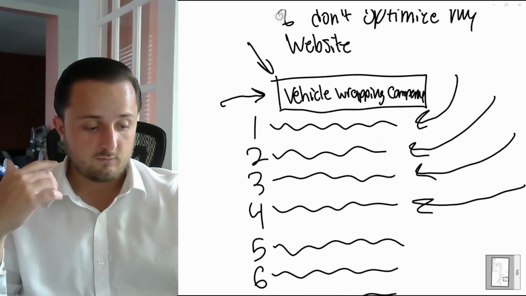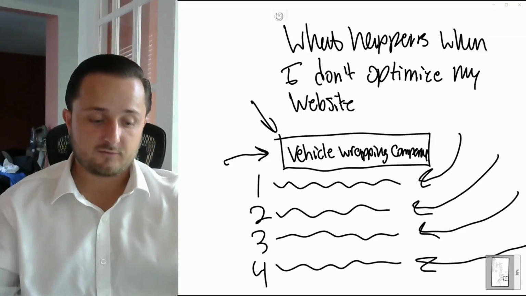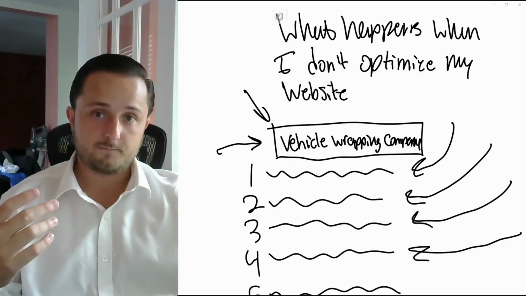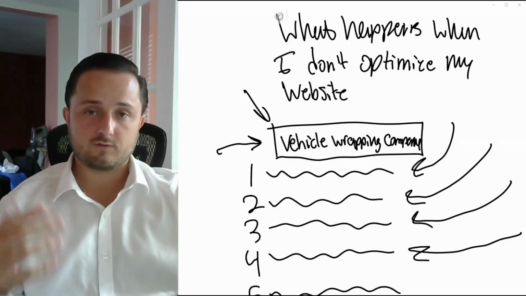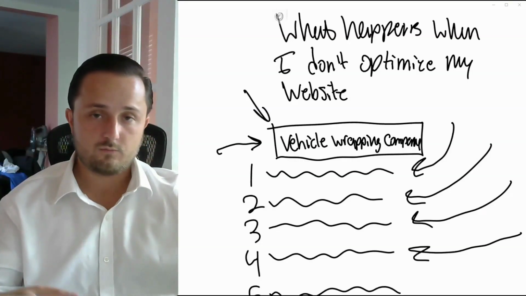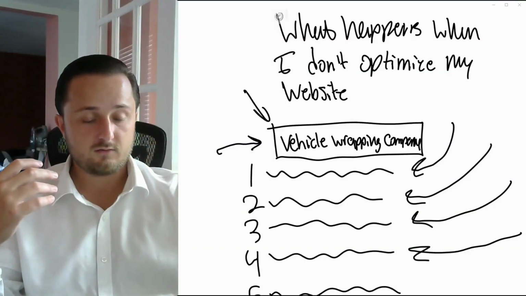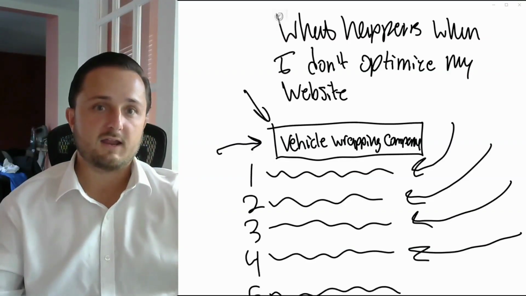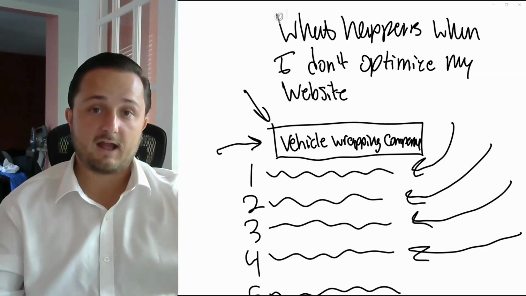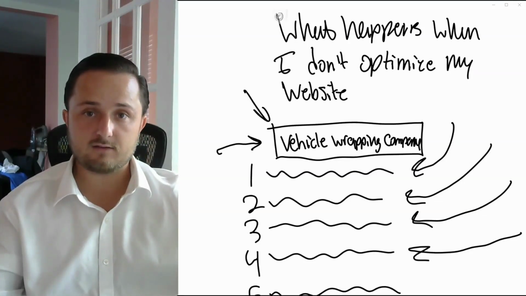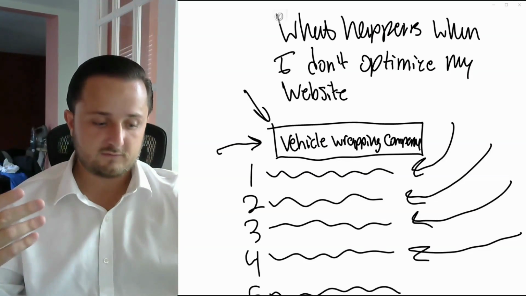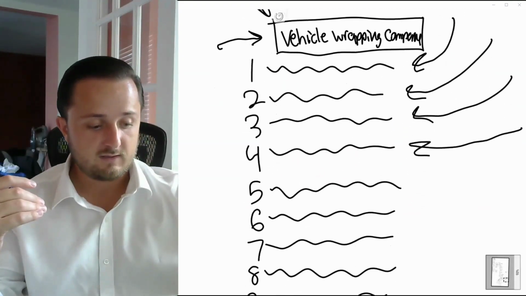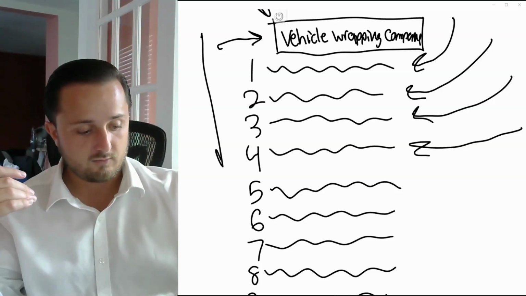So what happens when you don't properly optimize your site is that when someone local to you, when you offer a local service, right? You serve pizza, you wrap vehicles, you're a roofer, you're an HVAC company, you paint houses, you do commercial painting, a local service. What happens when you don't optimize your website? You're going to start appearing lower in this position.